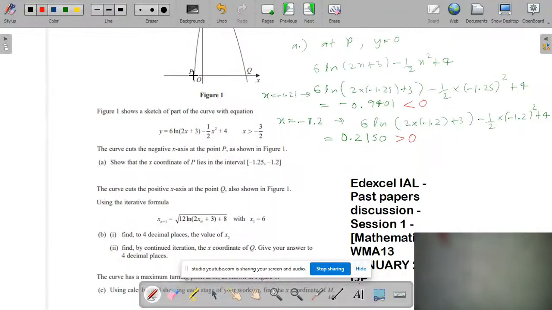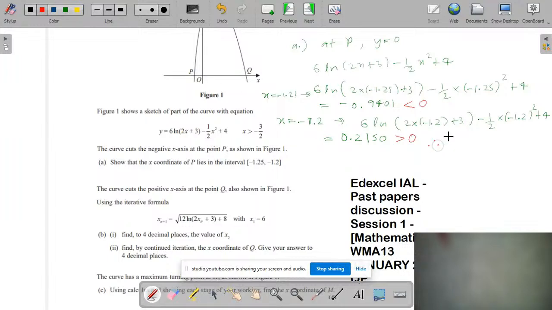The x coordinate has to be somewhere in between these two. They are asking me to prove that. When I substitute those two values, one of the y values becomes negative, that means I am below the x-axis. The other y value becomes positive, so I am above the x-axis. So P is in between them.